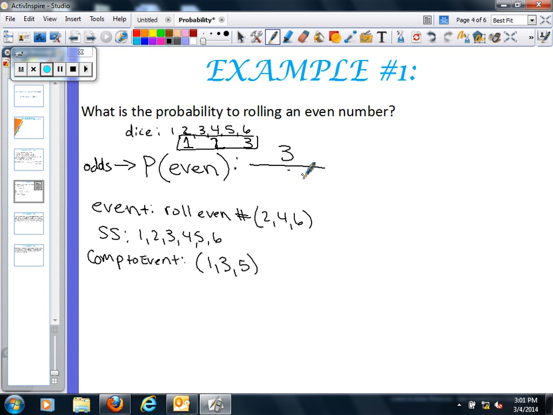And the bottom is the number of total possible outcomes, which is 1, 2, 3, 4, 5, 6 possible outcomes. This is our probability. And now you simplify, and that's 1/2, or 50%. So if I roll a die and I am looking for an even number, the probability I get an even number is 1/2 or 50%.